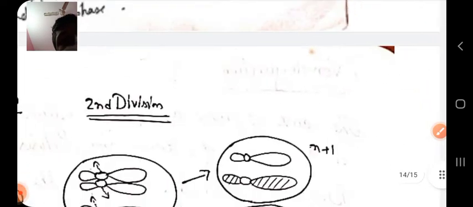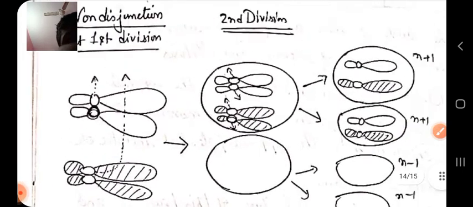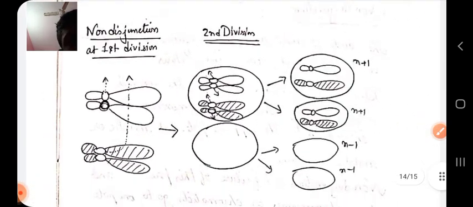So the same thing I have drawn here, you can see.